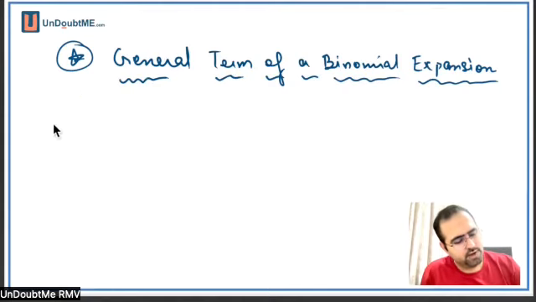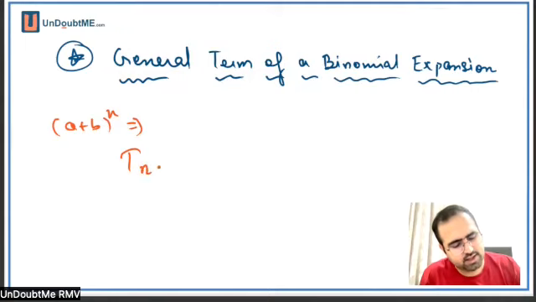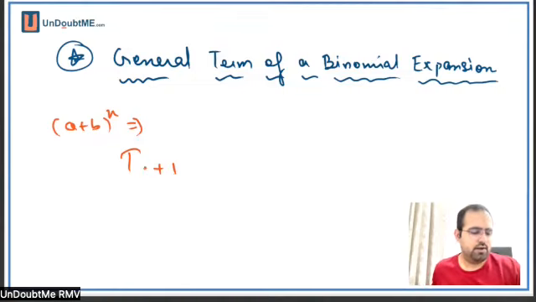Okay, so if I have a binomial expansion (a plus b) to the power n, how do I write a general term? So a general term is always written as T, or in fact I'll write it down as T r plus 1, not n plus 1.